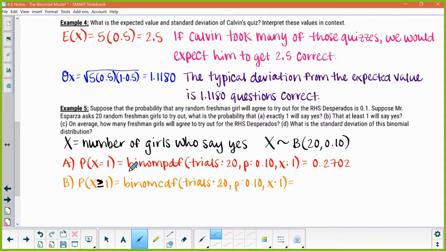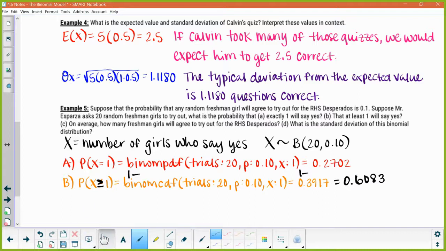It should be 1 minus the binom CDF, where I can get everything less than 1, which is 1 minus 0.3917, which is 0.6083. I caught it as soon as I saw it.